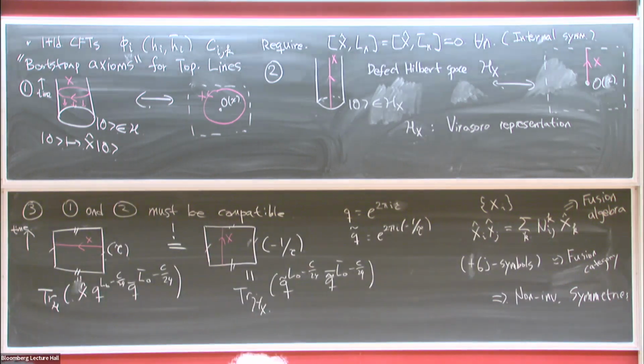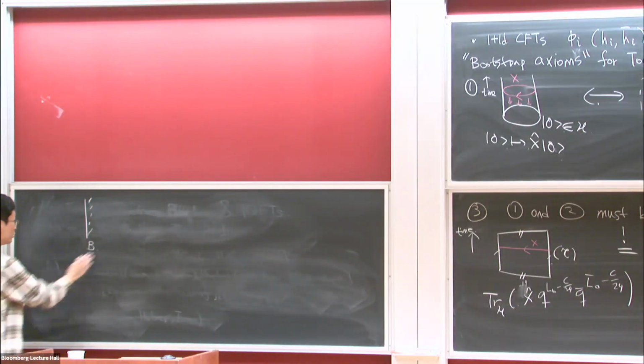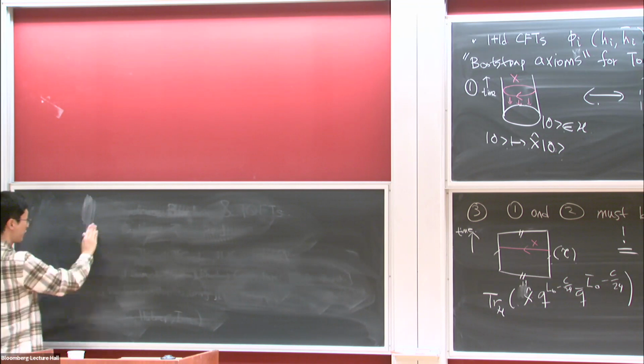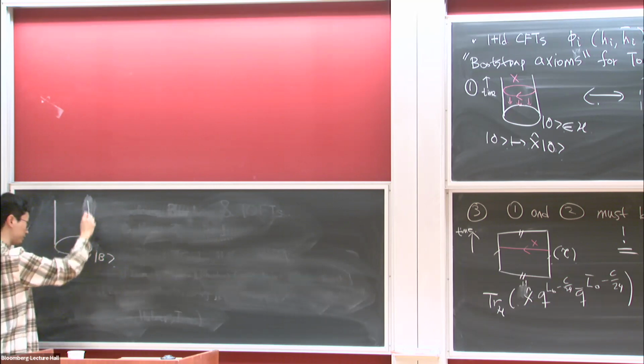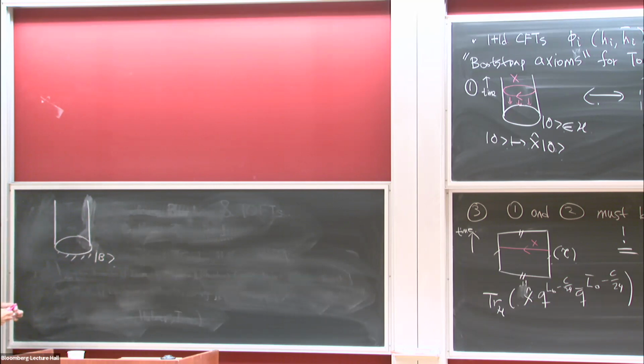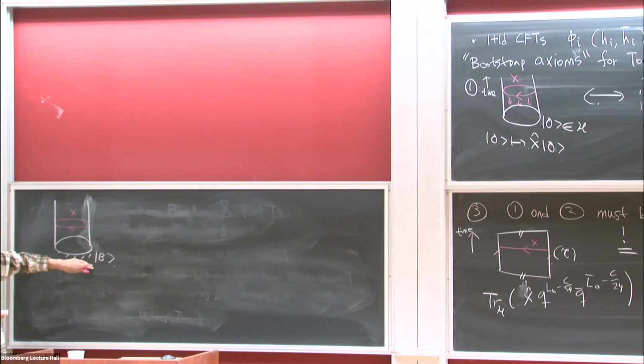Okay, going back to the boundary conditions. So maybe let me write this way. Let's say you have some conformal boundary state, Cardy state, B. One thing you can do is to act with a topological line operator on this Cardy state.